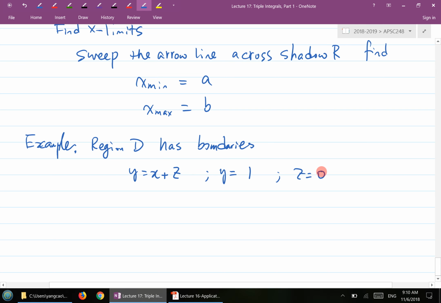So here's the region D, bounded by these three things, and there's another one, x equal to 0. So 4 sides give you a region D.